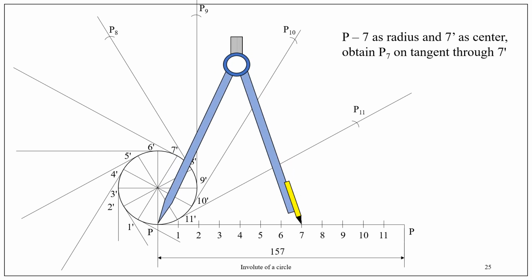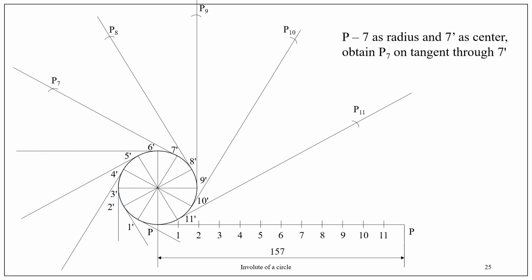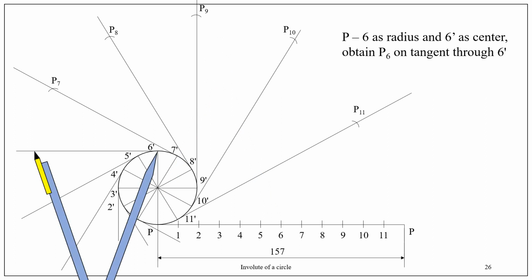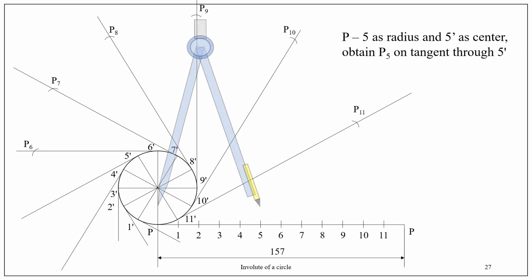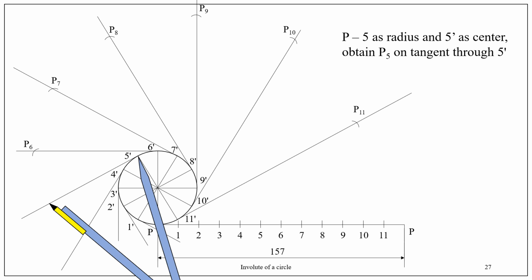Measure P7, 7 dash as center, cut an arc, obtain P7. Measure P6, 6 dash as center, obtain P6. Measure P5, 5 dash as center, obtain P5.